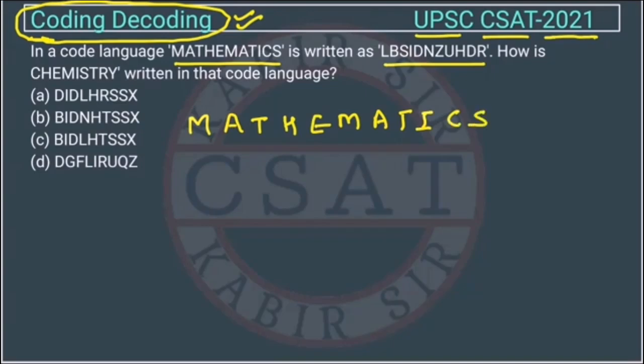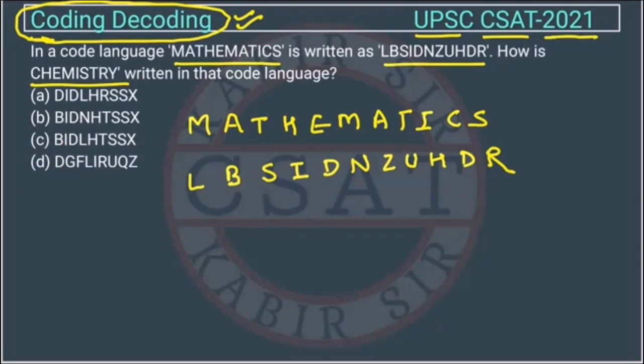So we have to find what logic they have applied to convert it into this new code, right? And the same logic we will apply on chemistry, right? So we have to find which logic is used, right? So now we will check, right?